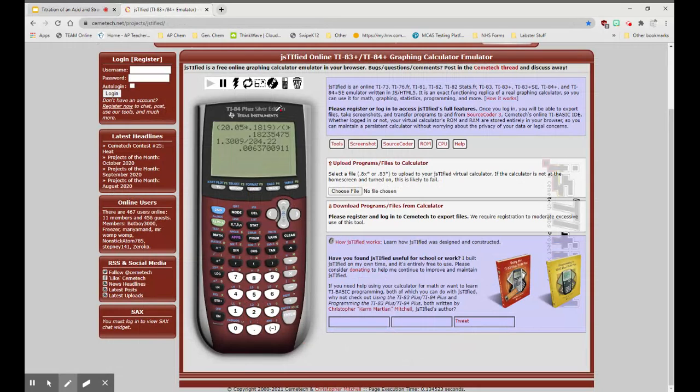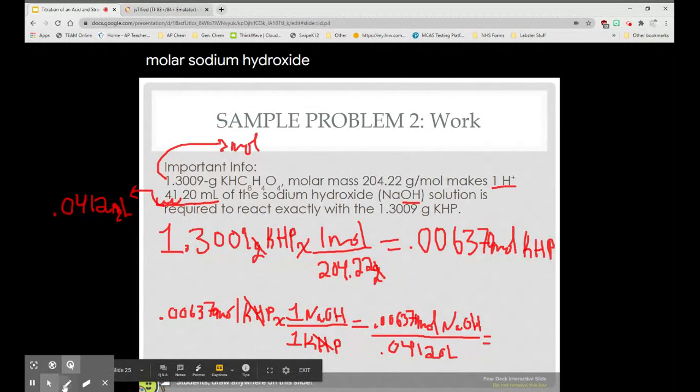All right, and let's do that. So this divided by 0.04120, 0.1546 molar sodium hydroxide.